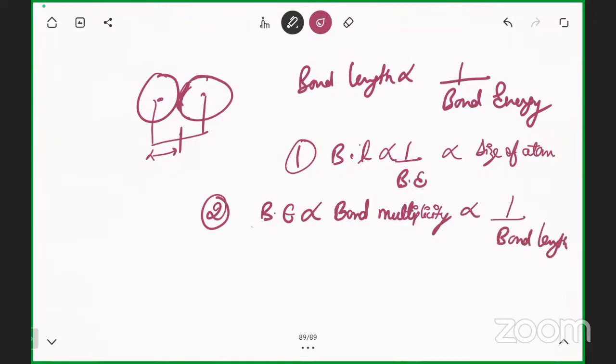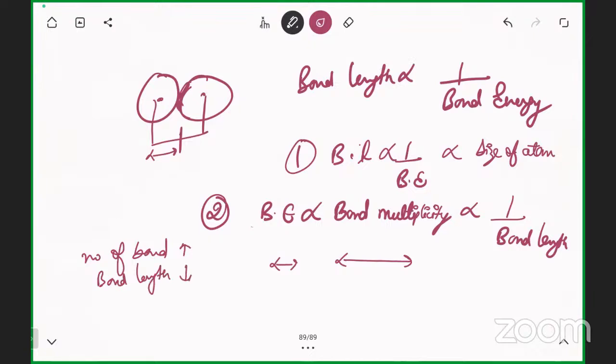It means if the bond length is short, the number of bonds will be more. See, as the number of bonds increases, bond length will decrease.